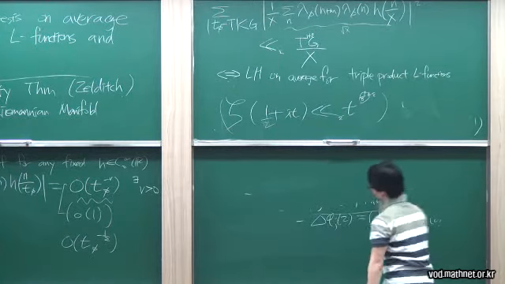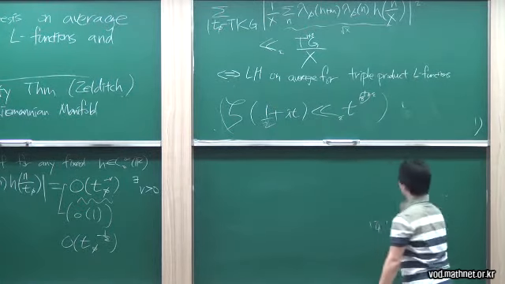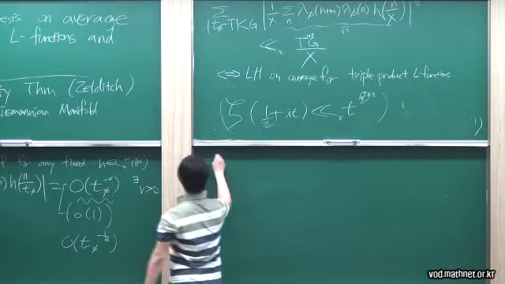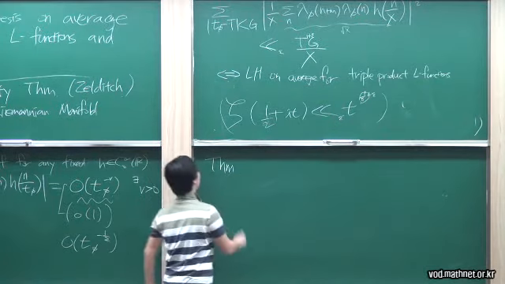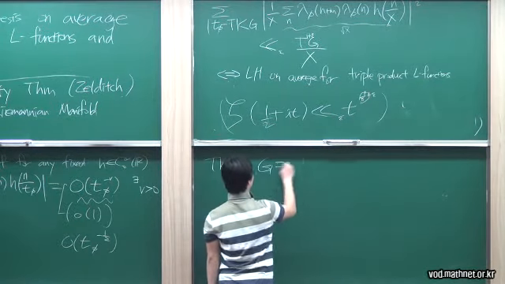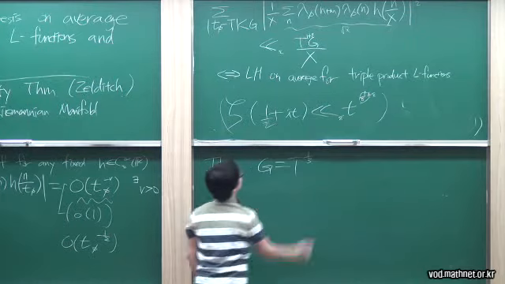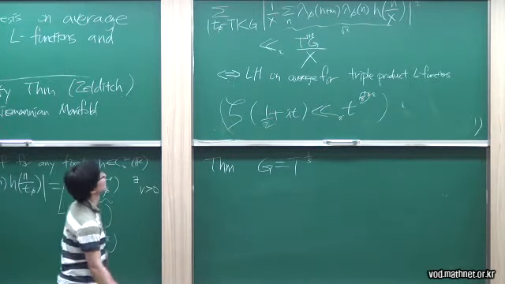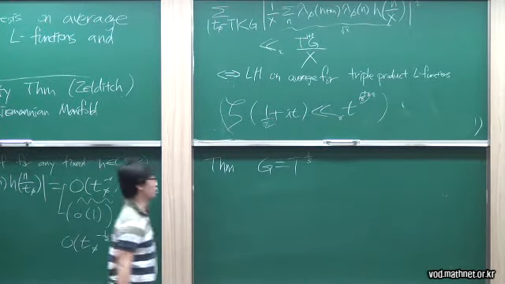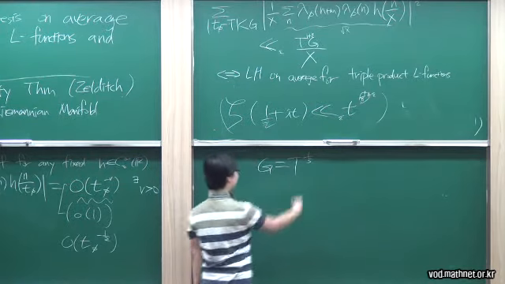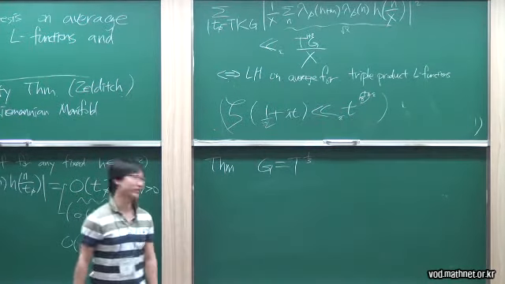Here's the theorem by myself. I could prove this inequality when g is equal to t to the 1/3.